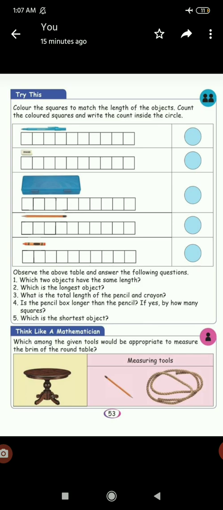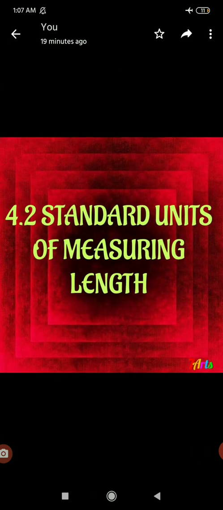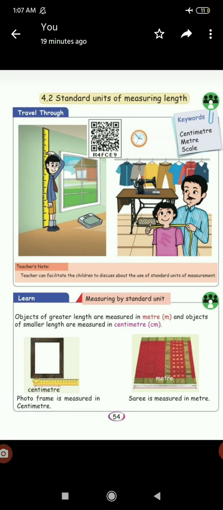Now we will see the standard units for measuring length. We can find our height and also measure our clothes with the help of standard units. Standard units of measuring length. See page number 54. We are going to learn about the centimeter.